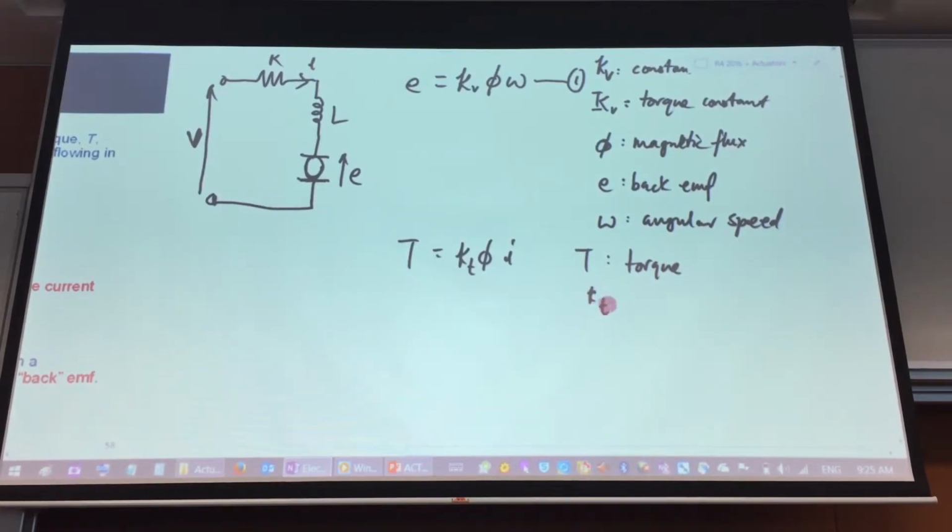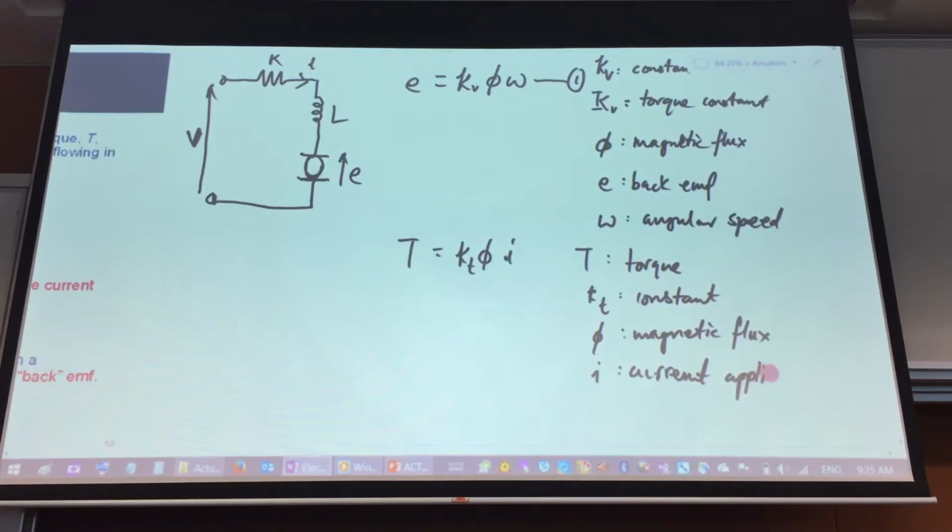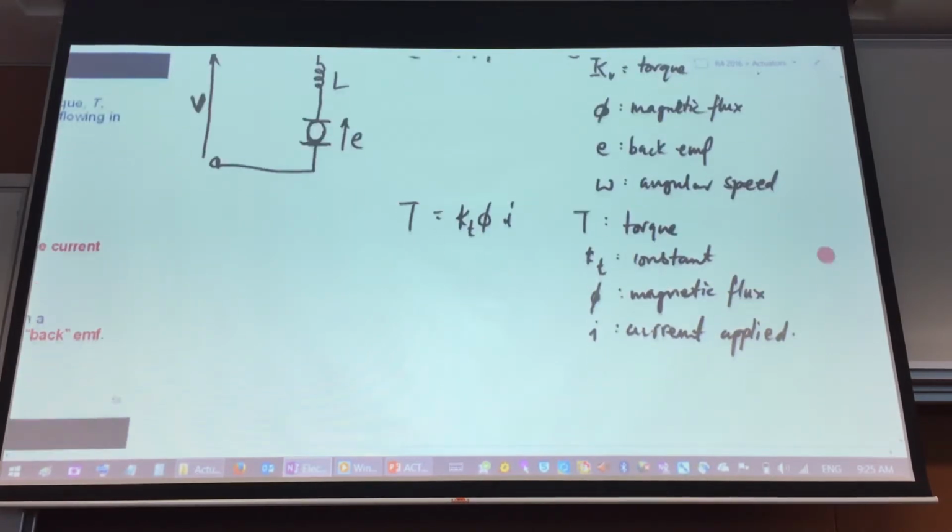Your kT, small letter kT over there, that is again a number, a constant. Phi, again magnetic flux. I, obviously, is your current that you apply.